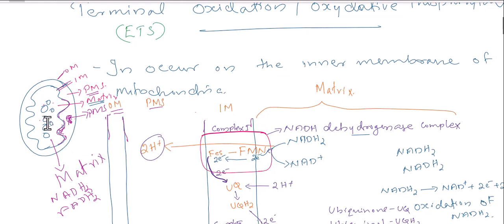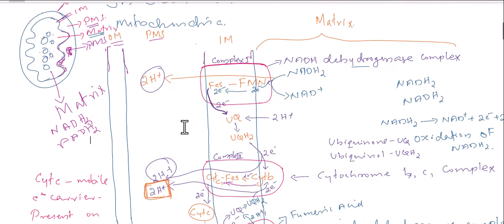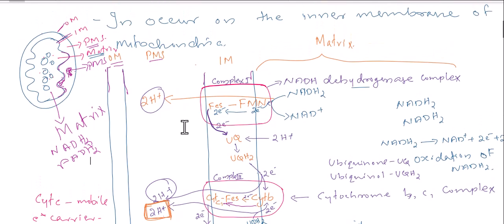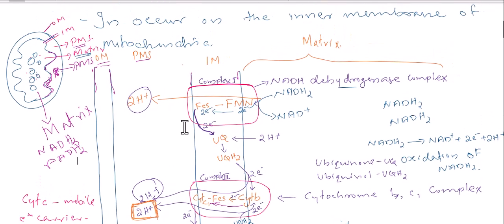These molecules need to be further oxidized, and that reaction occurs on the inner membrane, where the oxidation and reduction take place. For that purpose the inner membrane carries some electron carriers.